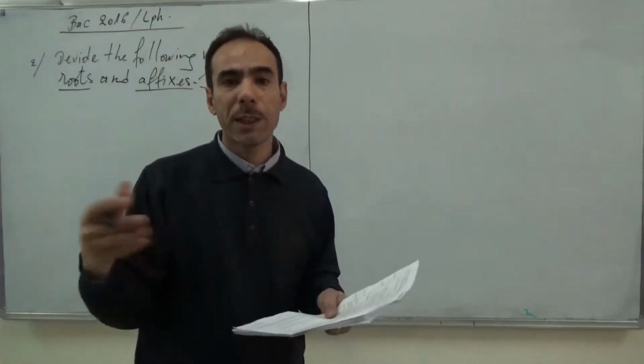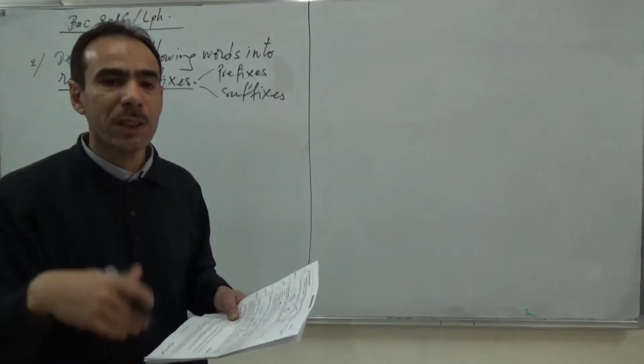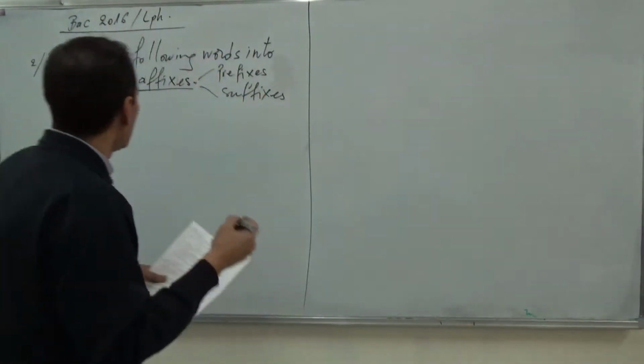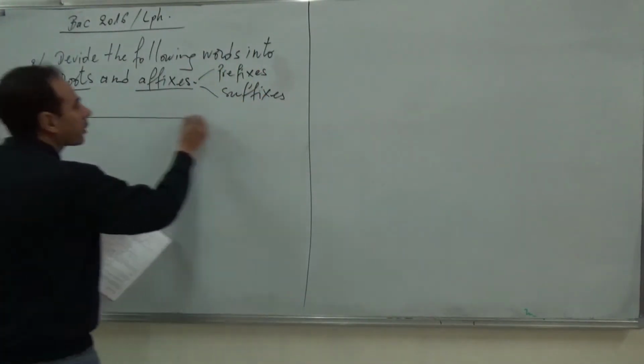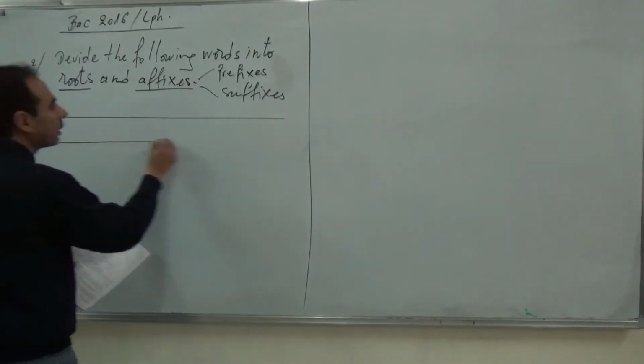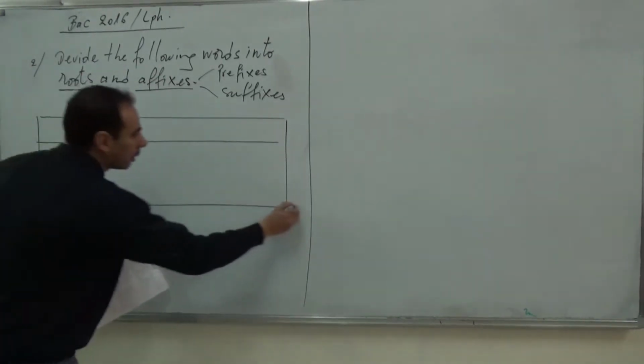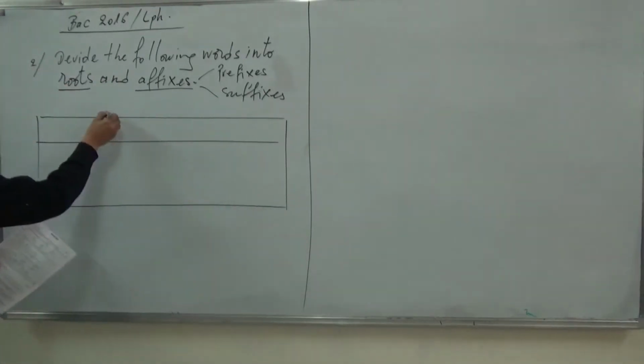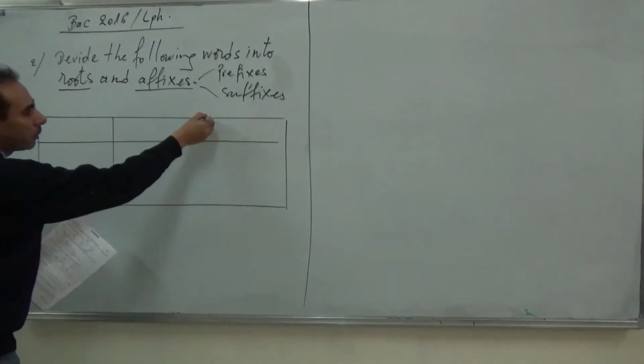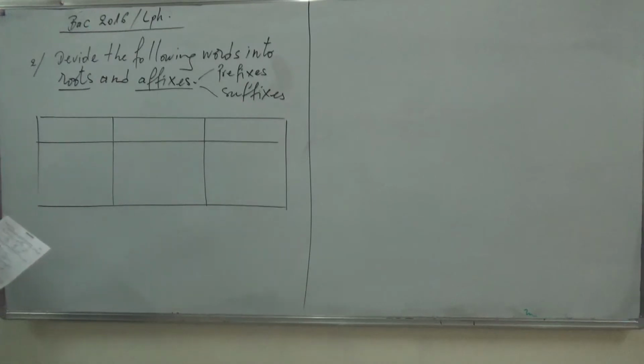From a verb we can get a noun, from a noun we can get adjectives and adverbs, etc. In this exercise we are going to try to divide the words into their roots and their affixes.